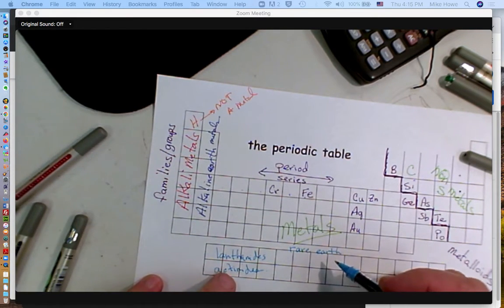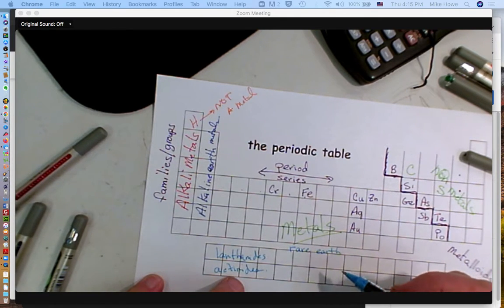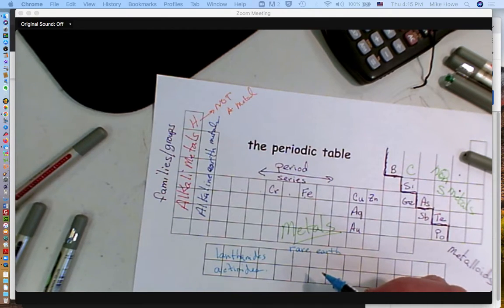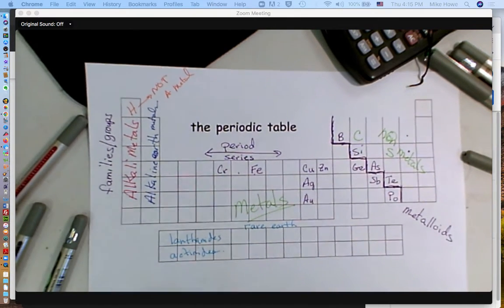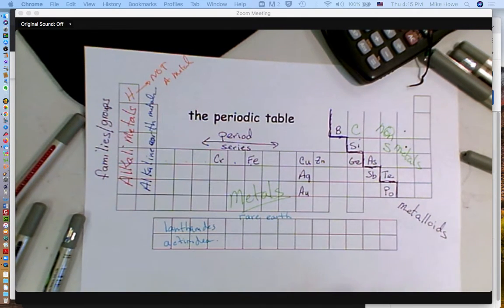Rare earth elements are trace metals. There actually are quite a lot of rare earth elements on Earth, but they have to be mined, and it costs a lot of money. And so right now, the primary country that mines them is China. So it's important to have good trade relations with China if we want to use them. And we use the rare earth elements in specialty applications.